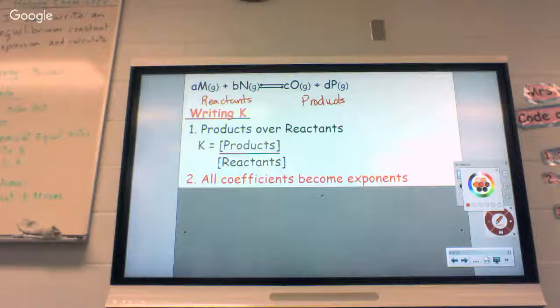All right, all coefficients become exponents. What am I talking about when I say all coefficients there? Exactly. Coefficients come from the balanced equation.